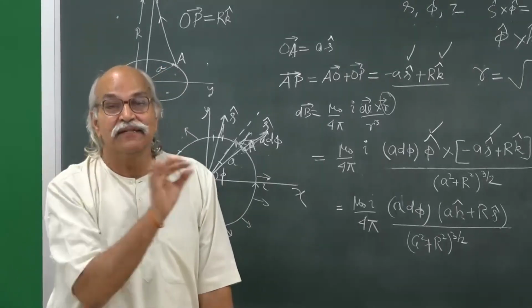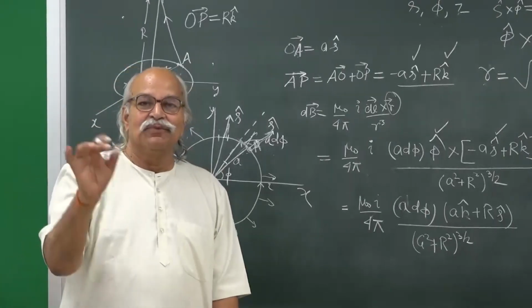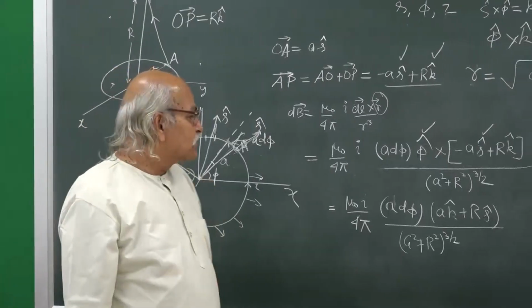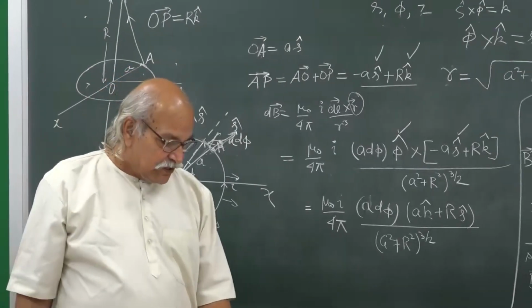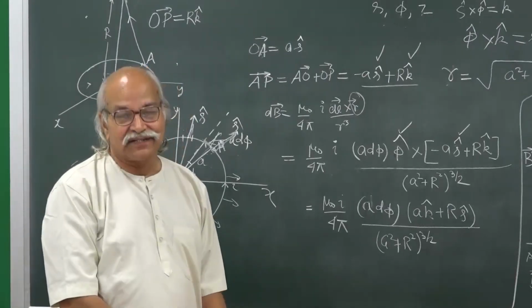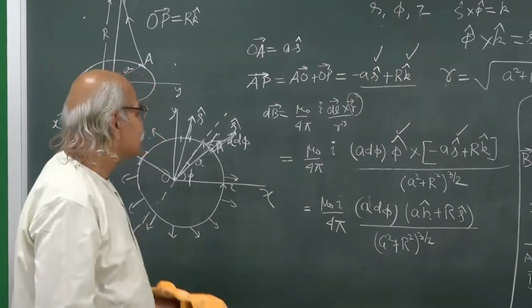You have to feed the numbers and then the computer will give you the value, this component, x component, y component, and you can combine and write it. But qualitatively we know at least the direction or pattern of directions which are represented by the magnetic field lines.